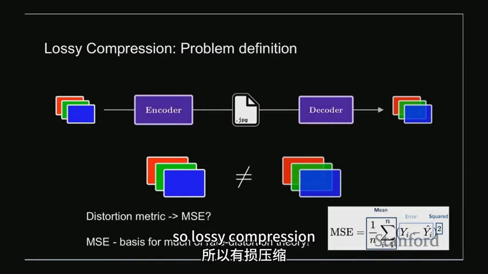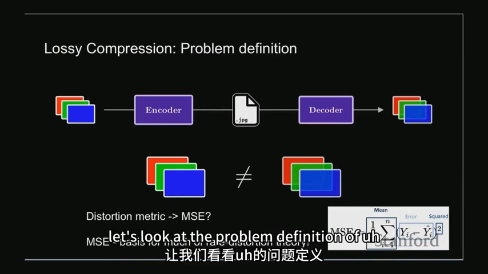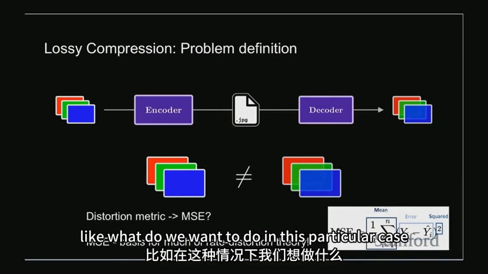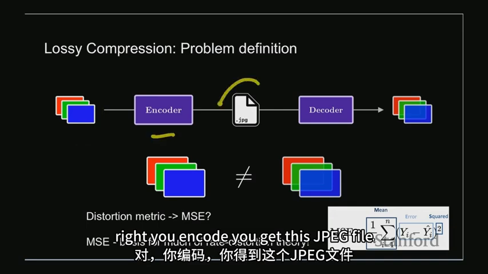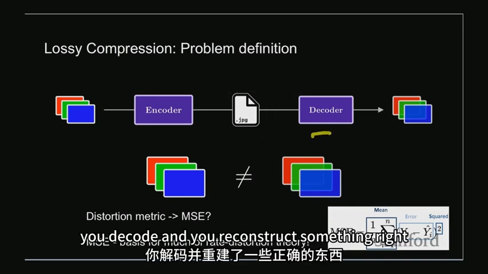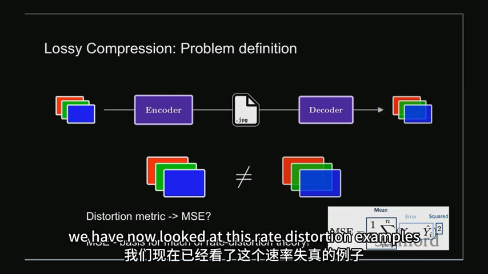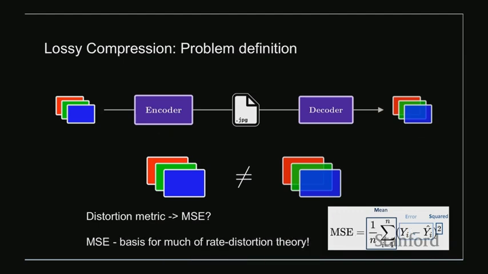So, lossy compression. Let's look at the problem definition: what do we want to do in this particular case? You start with some image, you encode, you get this JPEG file, you decode, and you reconstruct something. We have now looked at this rate distortion setup many times.